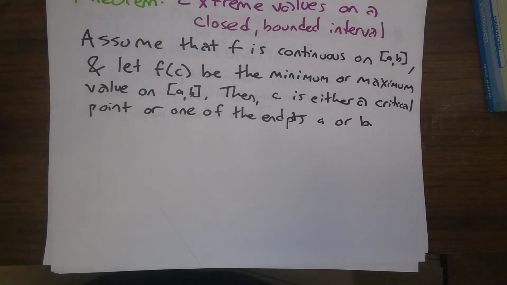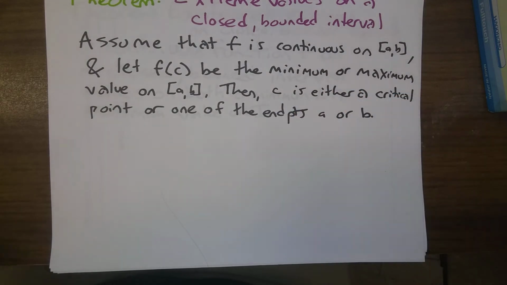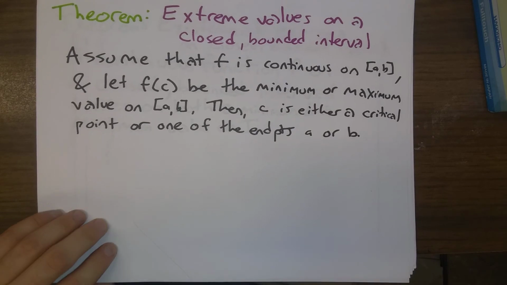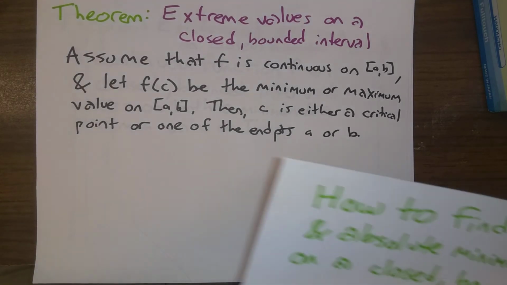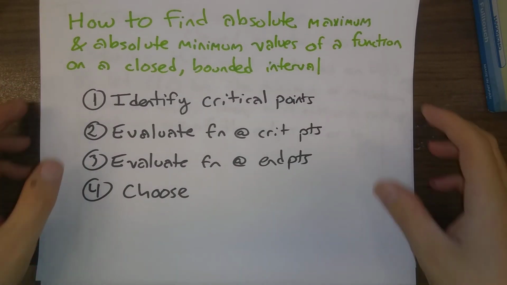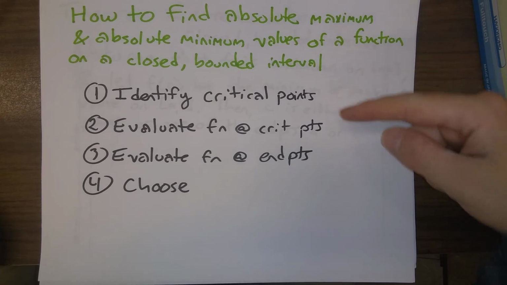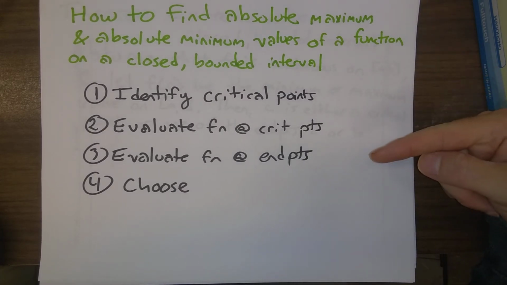So this tells us that not only in the previous theorem are we guaranteed to have extreme values, but the only places that we have to look are at the critical points or at the endpoints. So this actually gives us a mechanism for how to find absolute maximum and absolute minimum values of a function. The only places we have to look are the critical points and the endpoints.